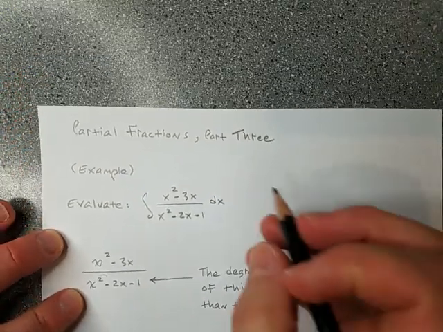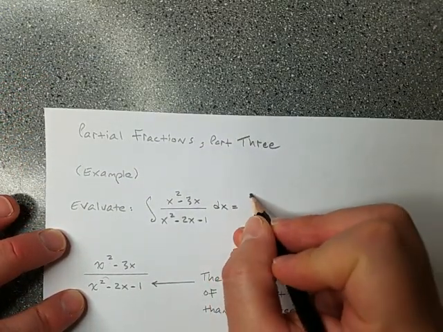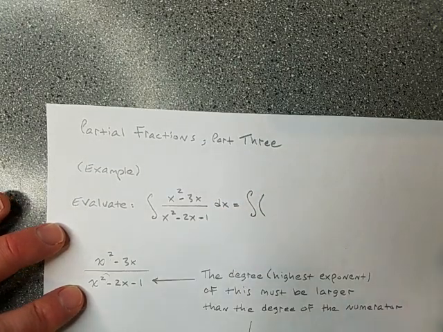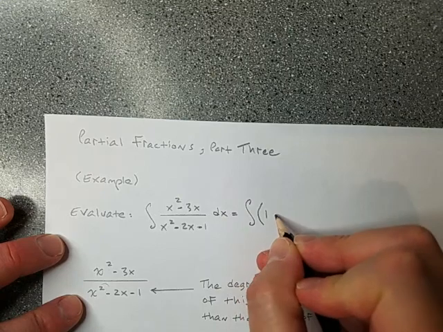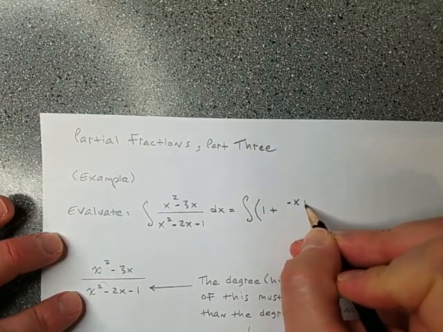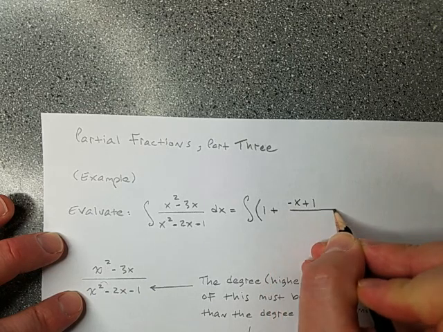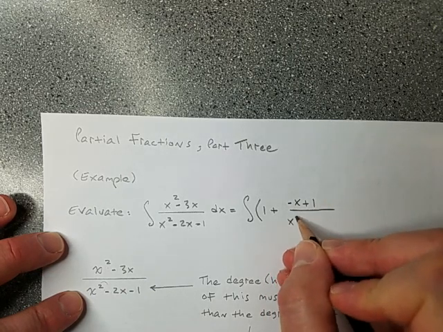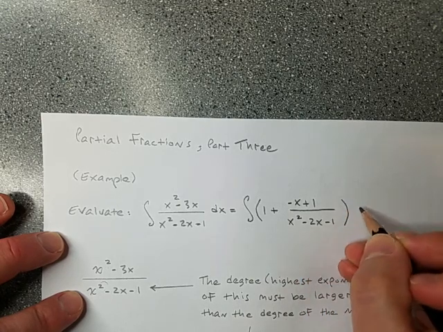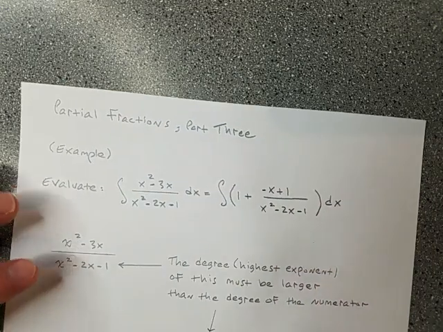Okay? So, all right, here it goes. So here's my problem at this point. This as a mixed number, 1 plus negative x plus 1 over x squared minus 2x minus 1. Okay? All right.